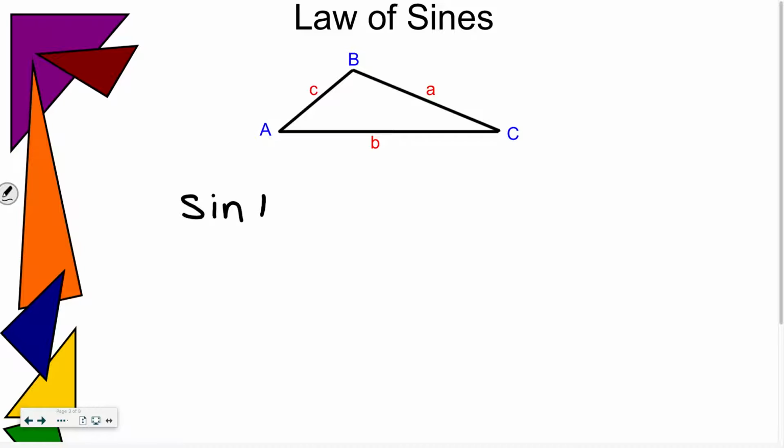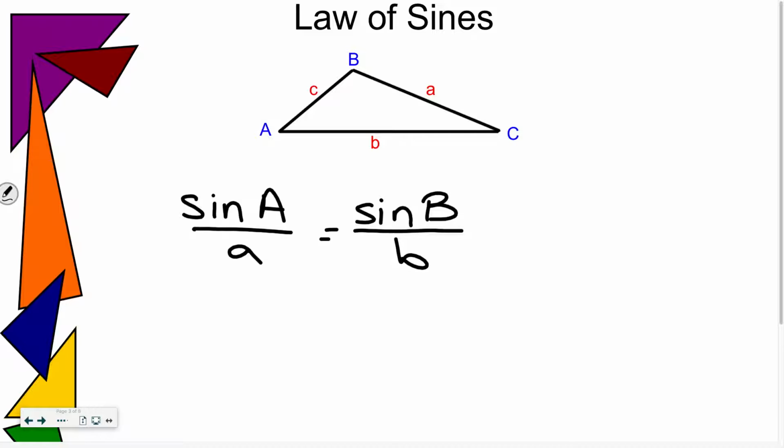The sine of angle A over the side length A is equal to the sine of angle B over the side length B, which is also equal to the sine of C over side length C. So what this is saying is the ratio, a ratio is a comparison of two values.